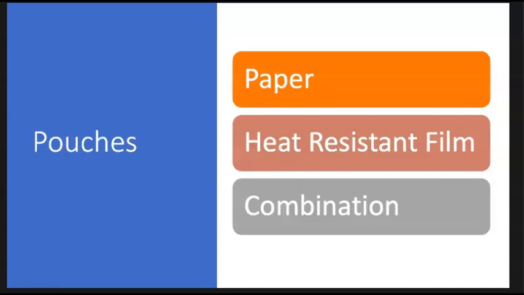These pouches often have indicators right in them. The back side of a paper, film, or combination pouch will often have a circle or a square that's colored to indicate whether a sterilization process has occurred.